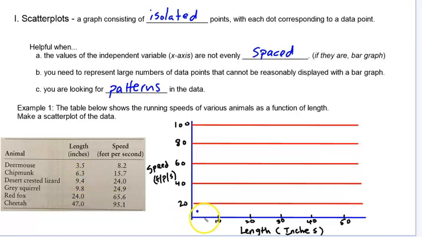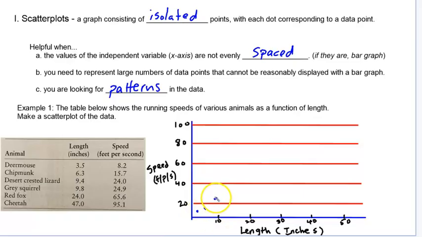And then 6.3, 15.7, a little bit higher. 9.4, 24.0. 9.8, 24.9.